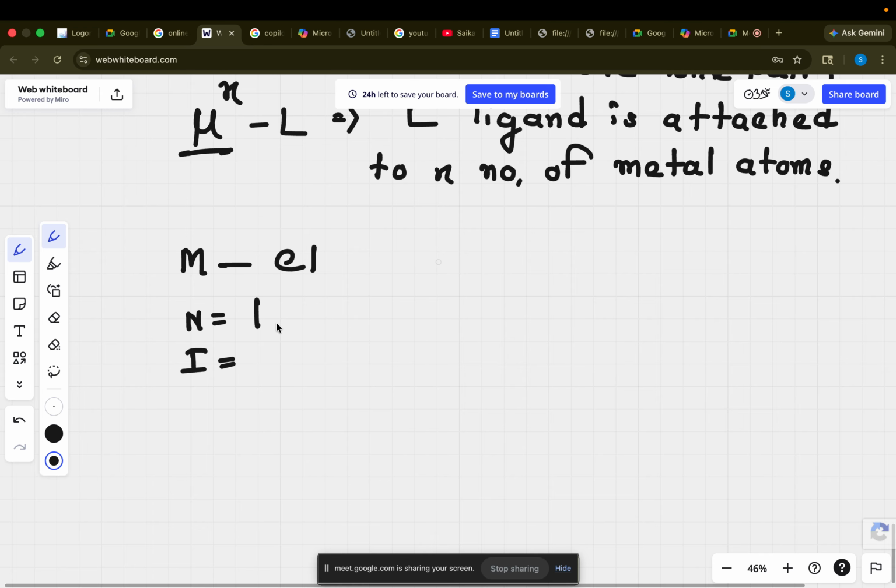Very simple. Neutral method means homolytic cleavage. Ionic method means heterolytic cleavage, so there you will get 2 electrons. Heterolytic cleavage means the bond is breaking like this. So 1 electron, 2 electrons.